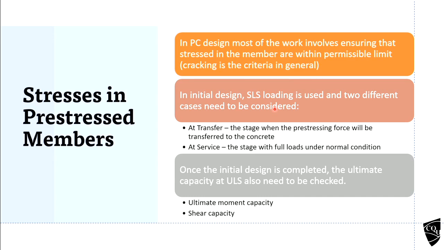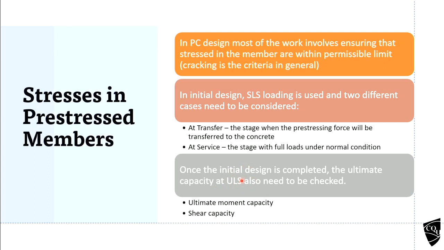Once we complete the initial design, we still need to check for ultimate. Over there we'll check the ultimate bending or moment capacity and shear capacity. For moment capacity and shear capacity, we will use the ultimate limit state.